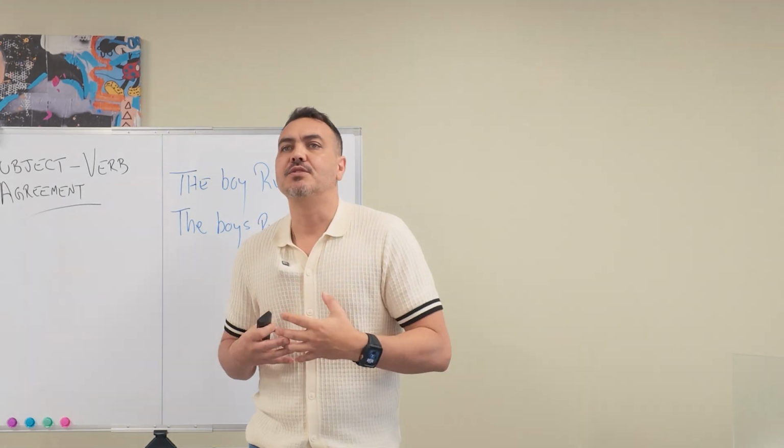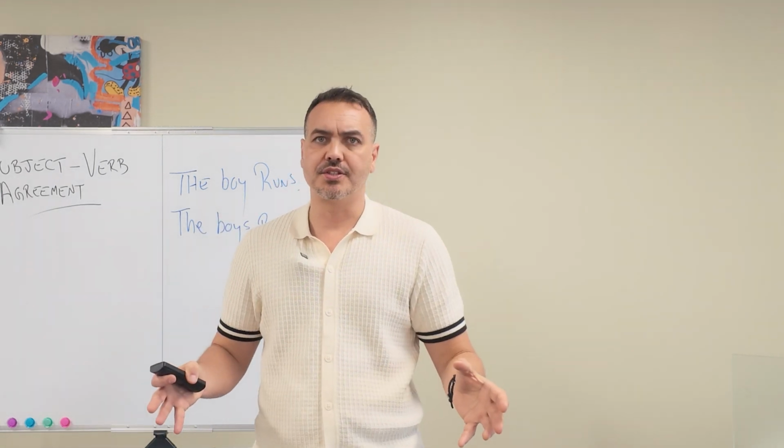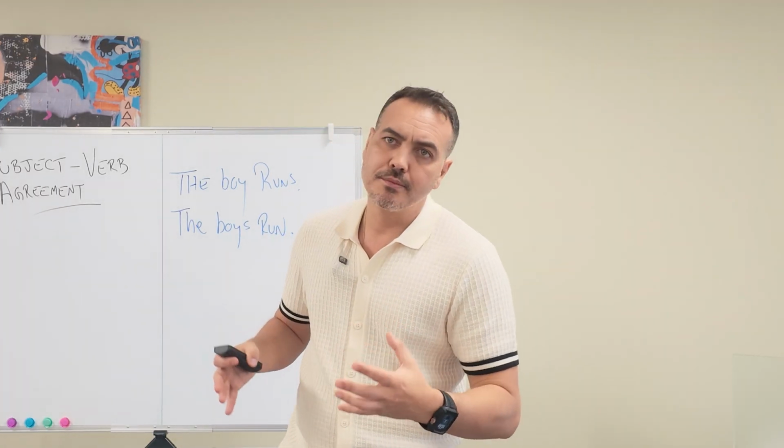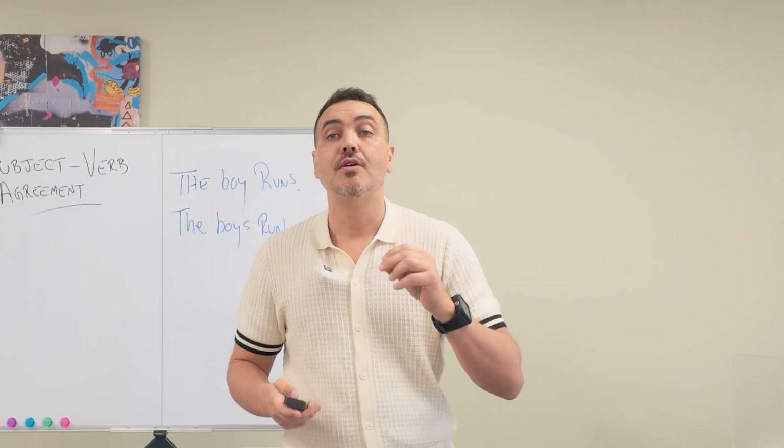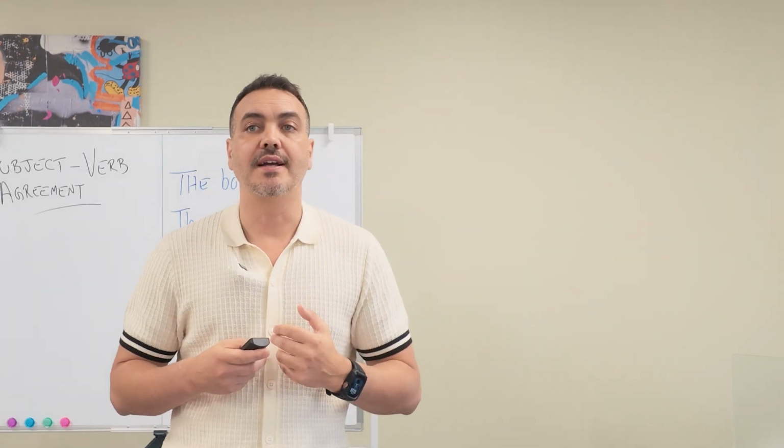Subject-verb agreement is one of the most important rules in English, okay? When your subject and verb agree, your sentences sound clearer, more natural, okay, and are ultimately correct, okay?